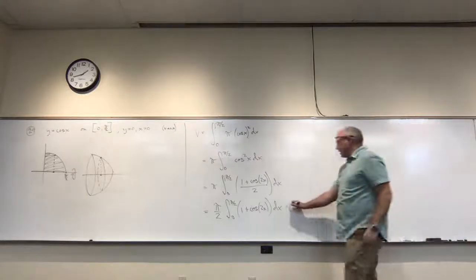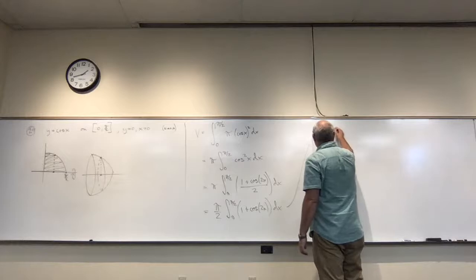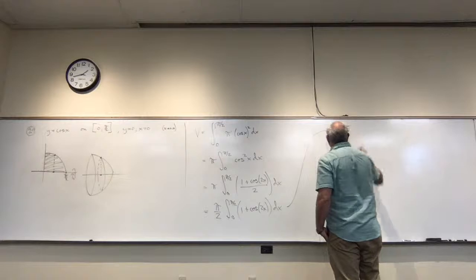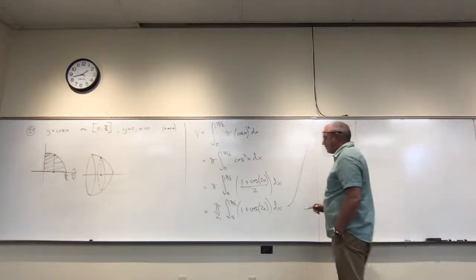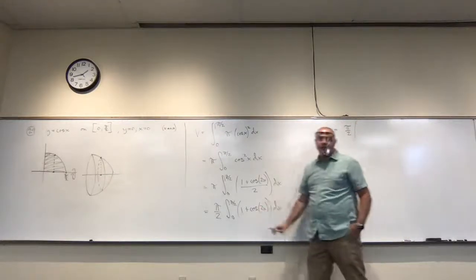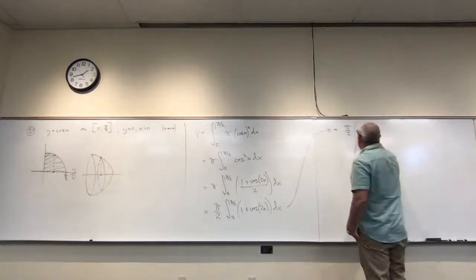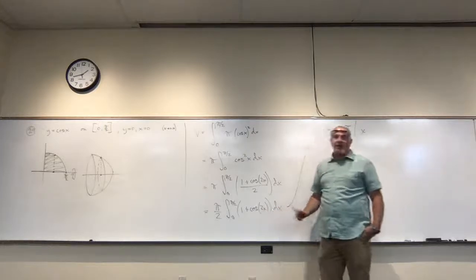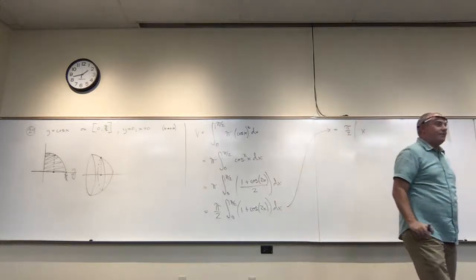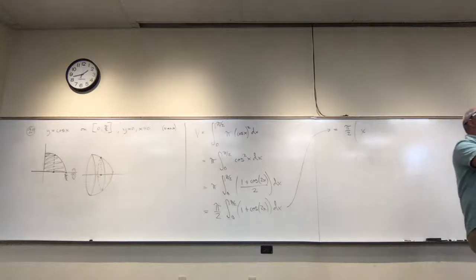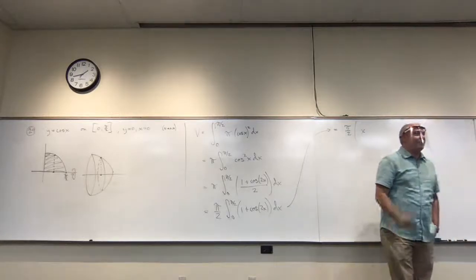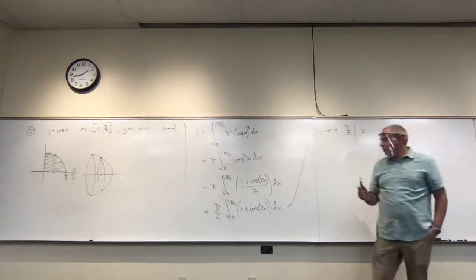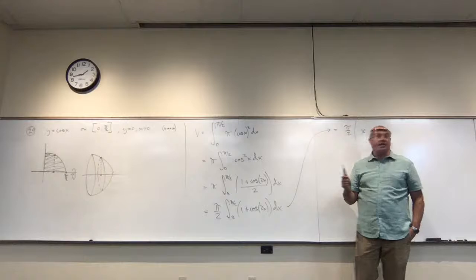Okay, so this is equal to, I still have pi over 2 on the outside, and then I need to take an antiderivative. Antiderivative of 1 is just x. And what is the antiderivative of cosine of 2x? Almost. You had the right idea, but you were thinking derivative. You said sine of 2x, right?